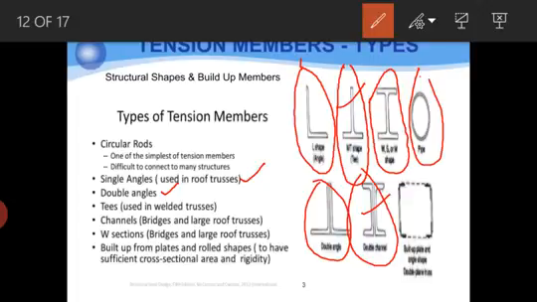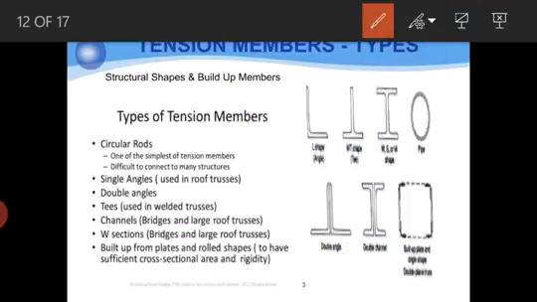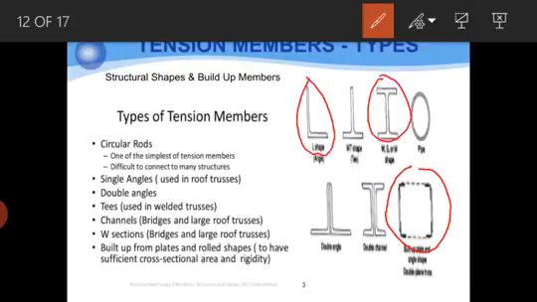A built up section means two or more members. In this case, two or more members are used to form a built up section. Built up members are needed when a single rolled steel section cannot provide the required area.